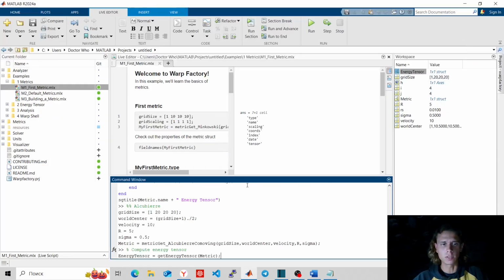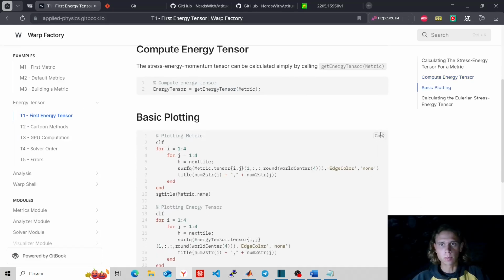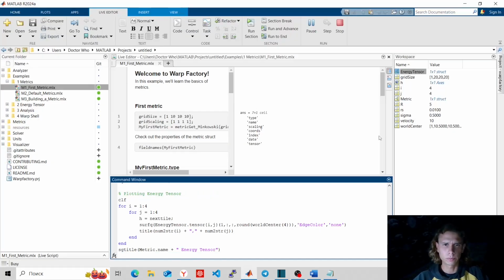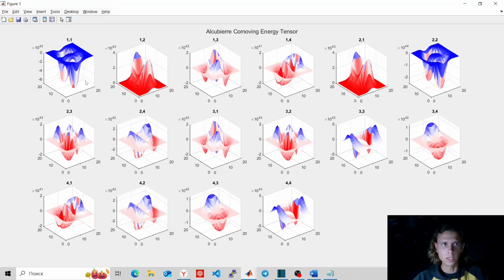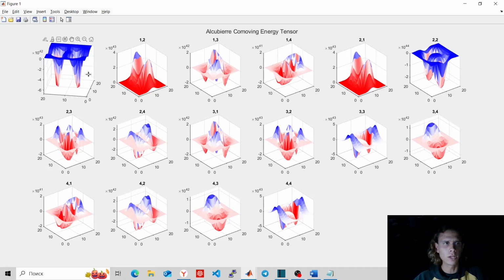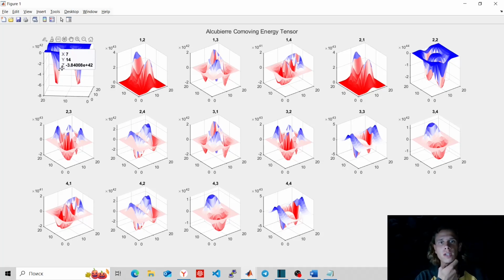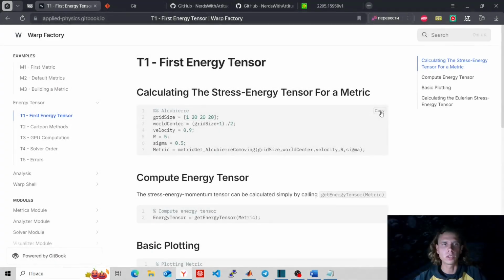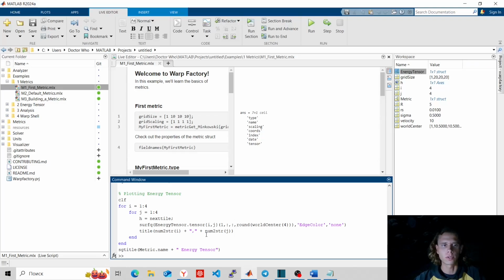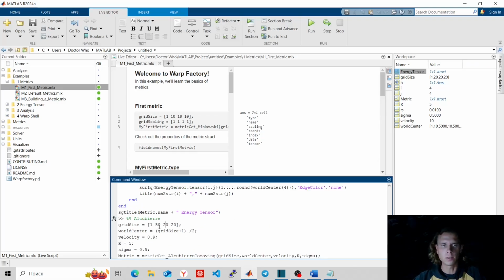Again, I compute energy tensor and do my plotting. And as you can see, I again have this exotic matter, negative energy density, but now I have 10 to the power of 42, so I need 2 orders of magnitude more exotic matter than in the case of a speed slower than light, the speed of my warp bubble. I can also increase the grid size of my metric. I will just multiply this by 50.